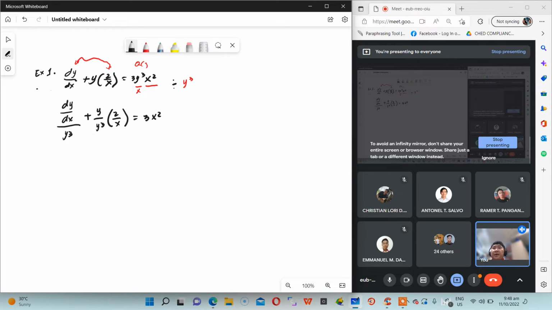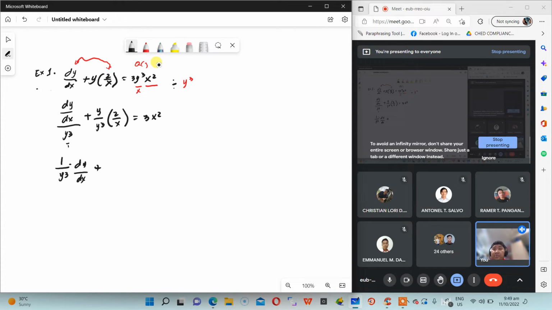So, from here, we have to simplify this further. So, this one could be, di ba? This could be over 1. Pag transpose mo, that is 1 over y cube dy over dx.